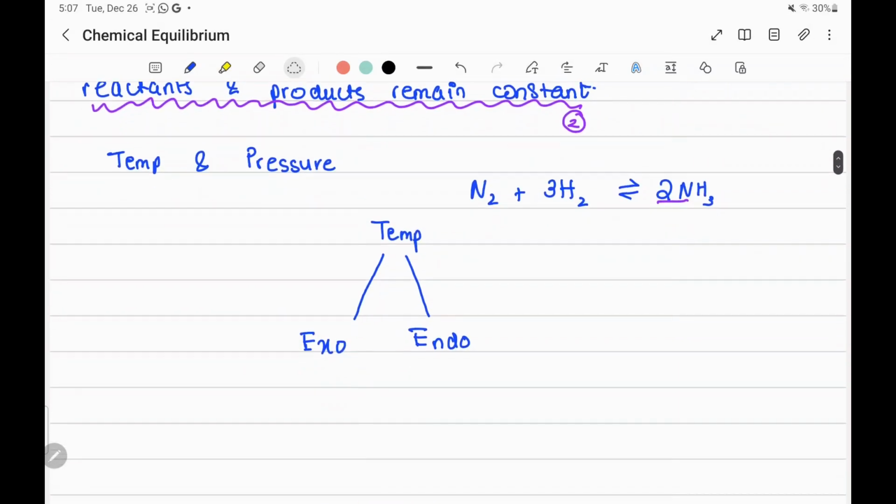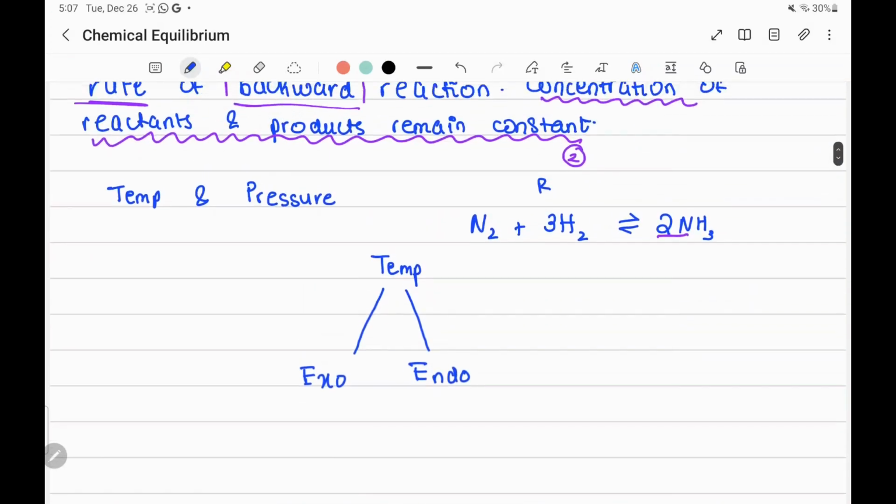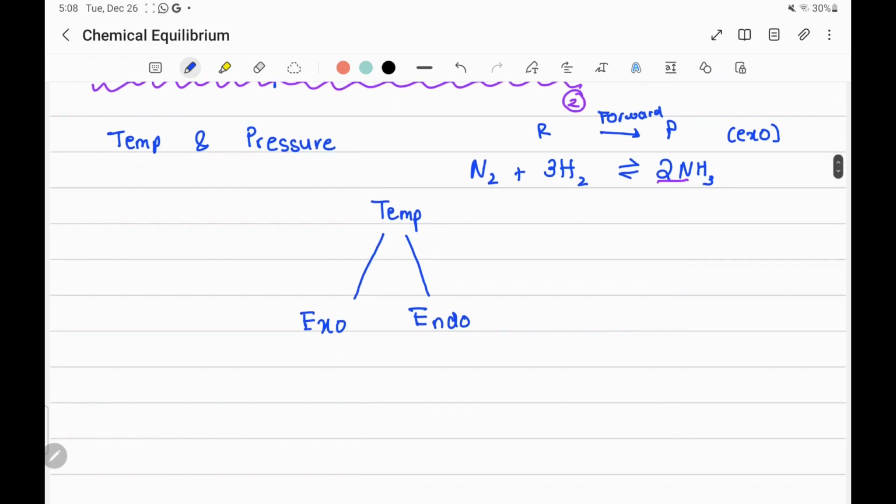The forward reaction from the reactants to products, nitrogen and hydrogen forming ammonia, is an exothermic reaction. The forward reaction is exothermic. Now, if you want the equilibrium position to shift to the right side, in the forward direction, then you will lower the temperature. Why? Because lower temperature favors exothermic reaction.